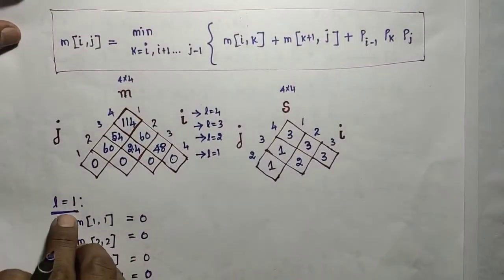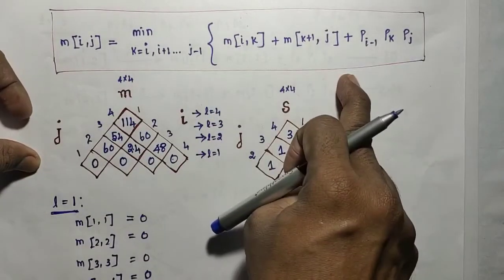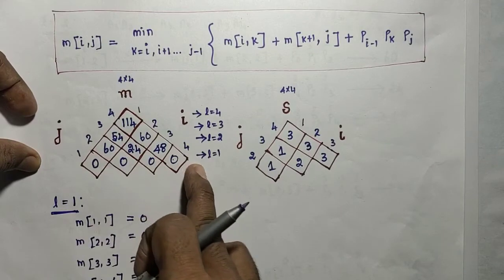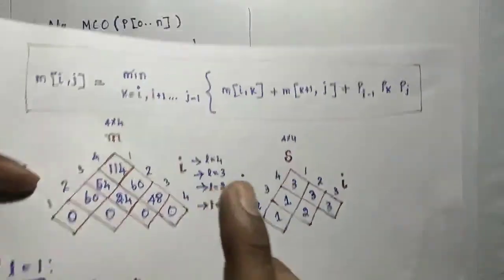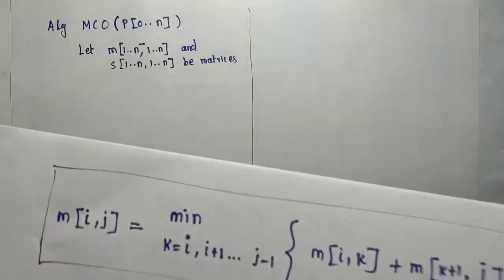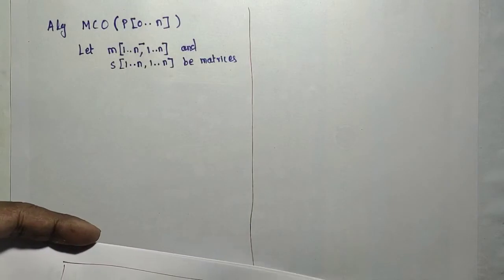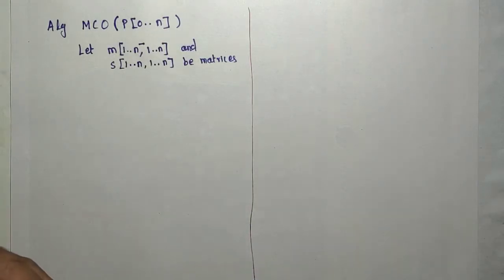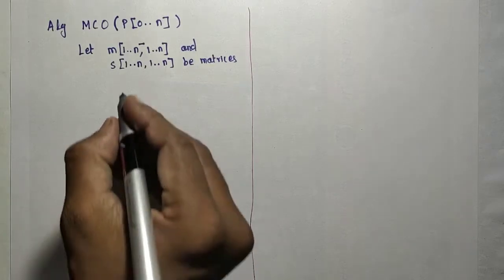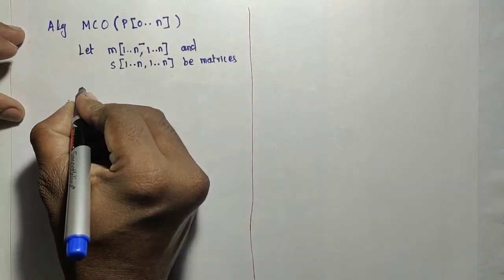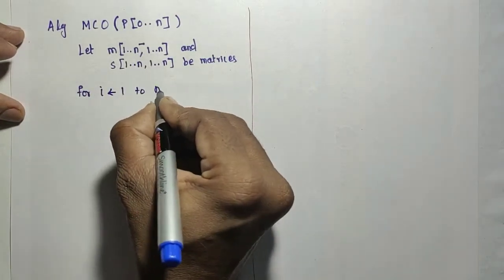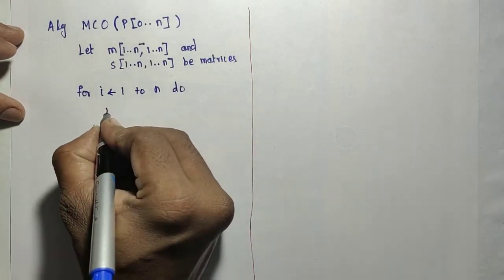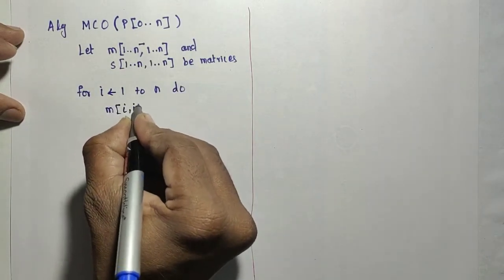Then for length equal to 1, there is no need to apply the formula; we can fill it directly: 1,1, 2,2, 3,3, 4,4 up to n. We need that n also, which is an input, the number of matrices. So for i equal to 1 to n, do the following: m of i comma i needs to be filled.